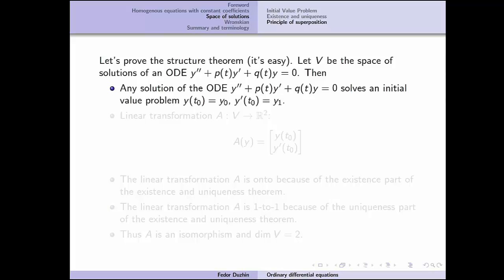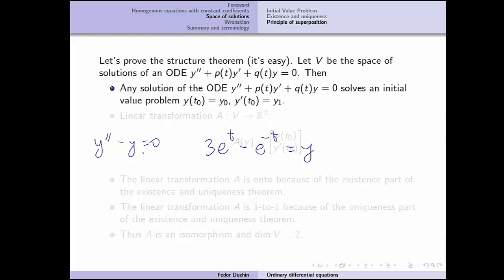For example, say our differential equation is y double prime minus y is 0, and suppose that we wrote a particular solution, like 3 e to the t minus e to the minus t. So this is our y.